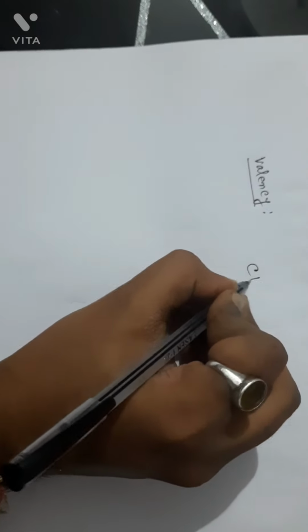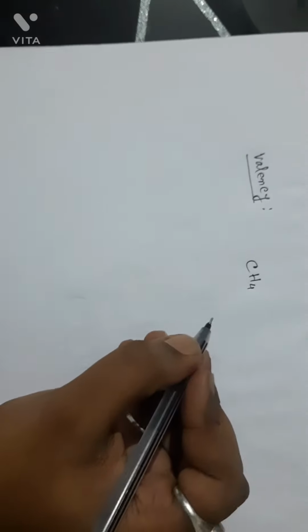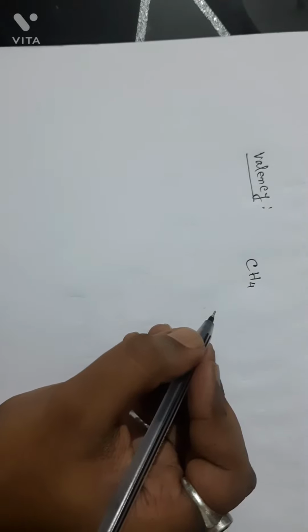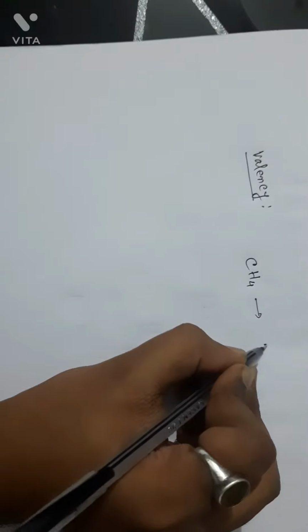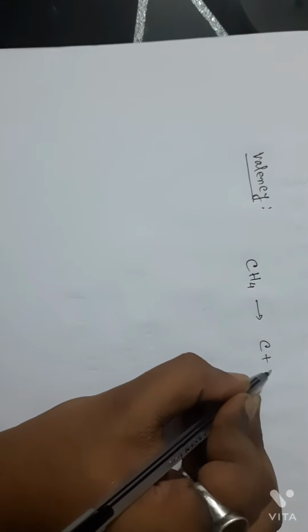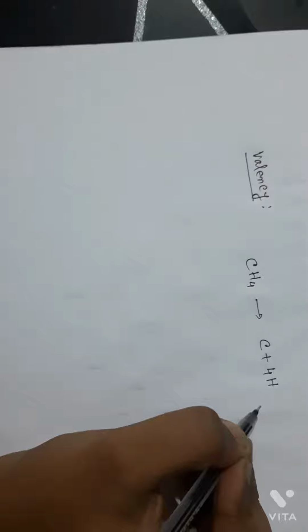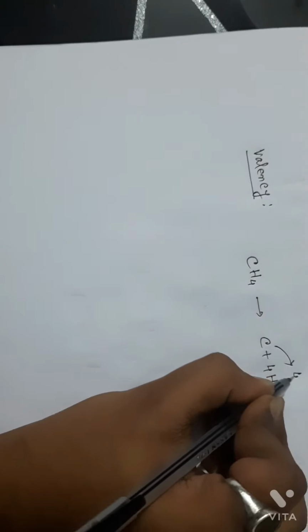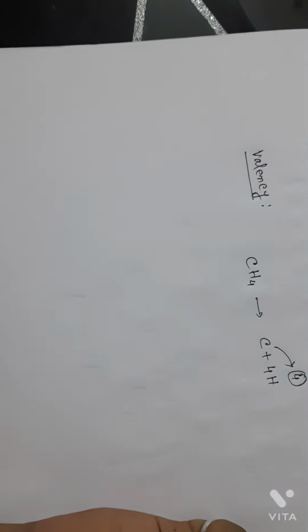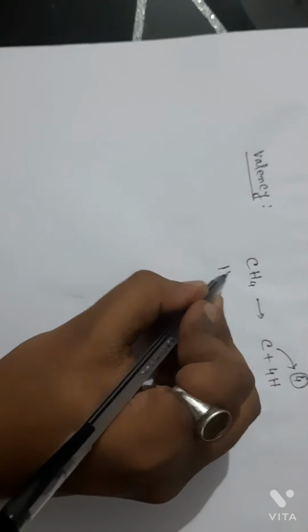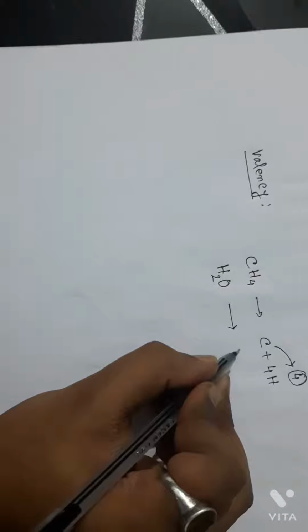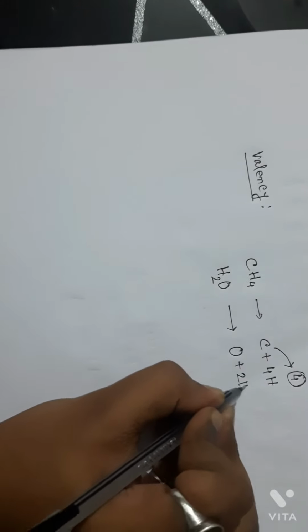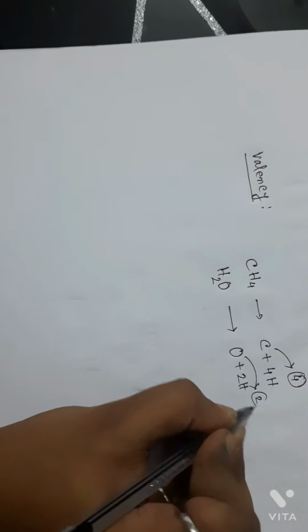Say for example, in case of methane, CH4, when methane is formed, carbon is combined with 4 hydrogens. That's why the valency of carbon is 4. Say for example, water: when water is formed, oxygen combines with 2 hydrogens, so the valency of oxygen is 2.